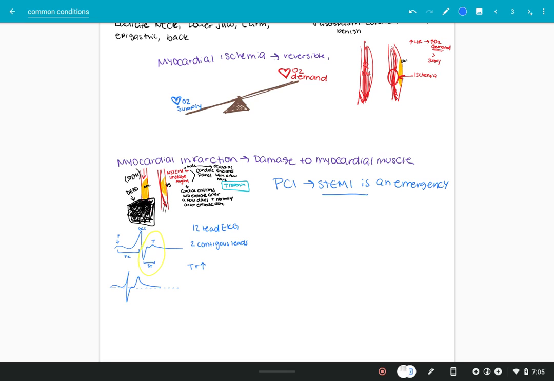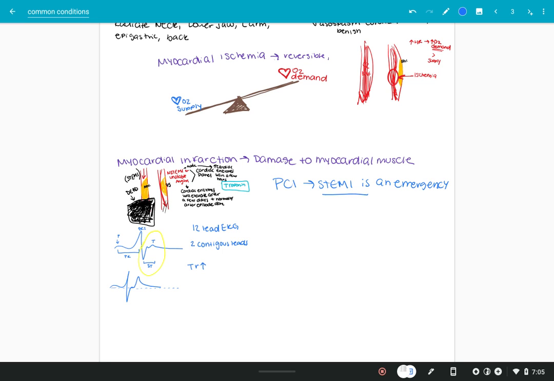With the heart, time is muscle. If you have a STEMI, immediately send them to the ER to get a catheter or PCI. PCI is percutaneous intervention. So this is when they can place stents. This is when they can do like balloon angioplasty, all that kind of stuff. And again, that's going a little too in depth, so I'll just leave that alone, and you guys can look into that yourself if you want to.